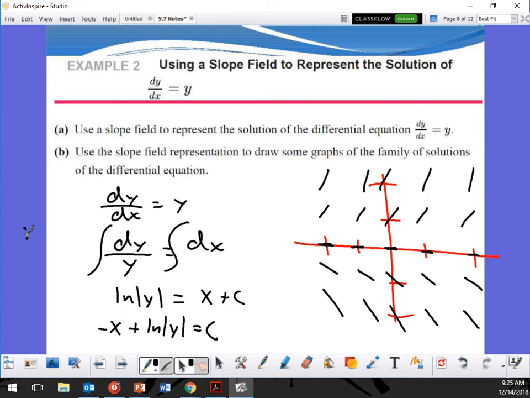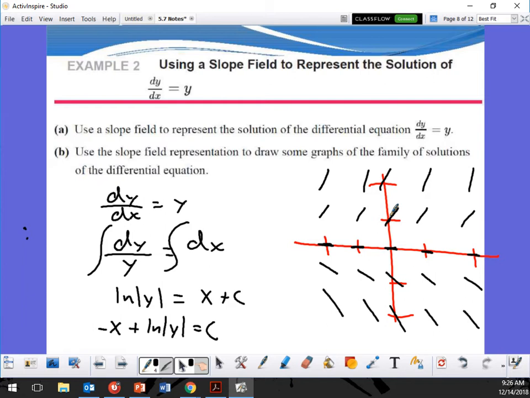Or in this case, whatever value I have, plus c equals 0. For this one right here, I could actually solve for c given any of those solutions. So I could plug in x and y here. If I plug in 0, 1, what should I get? What would our slope field say? It should be 1, right?